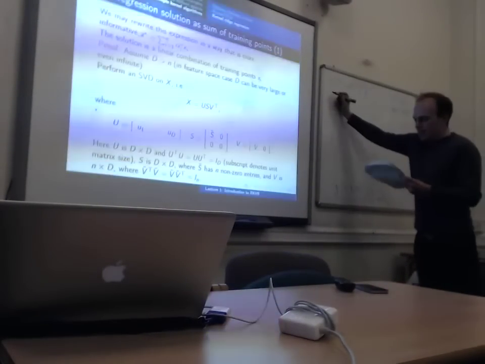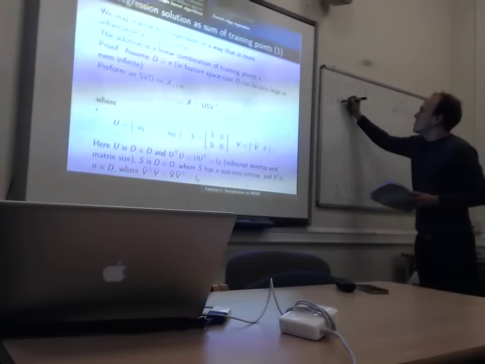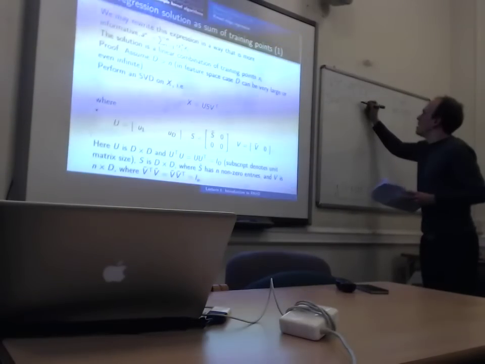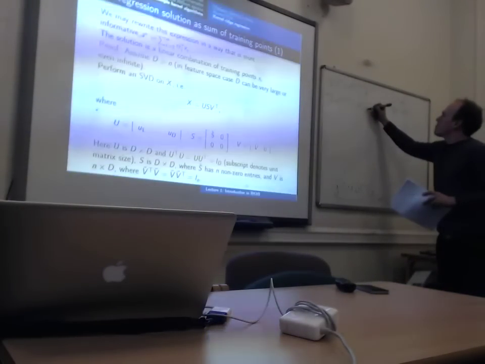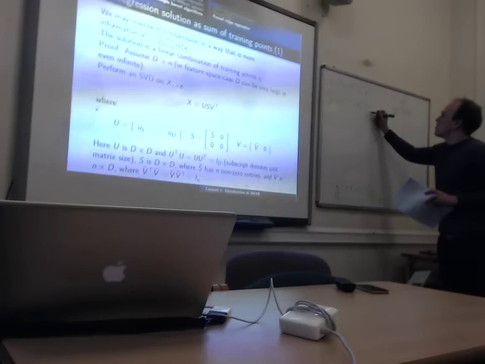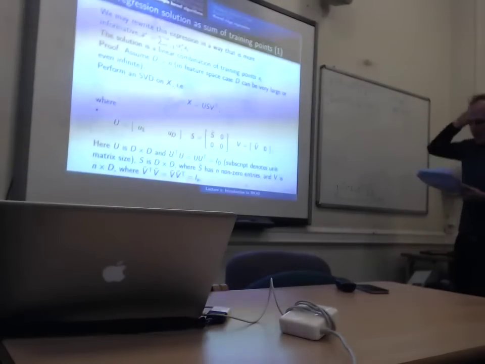So this thing here, I'm going to write, remember that this is equal to V tilde and a bunch of zeros, (S squared plus lambda I) inverse, and then V tilde transpose, a bunch of zeros, Y. Okay?